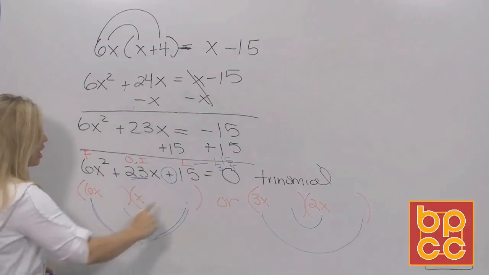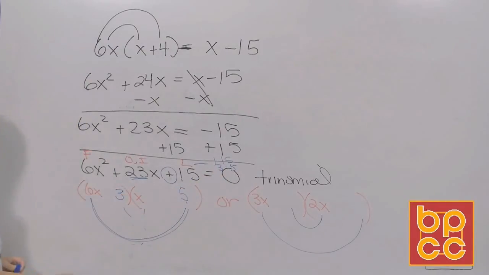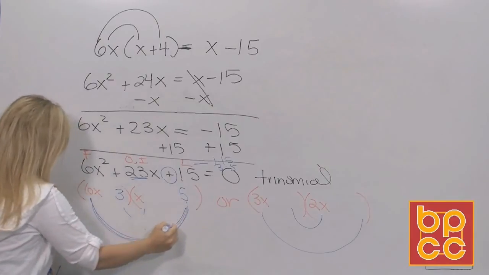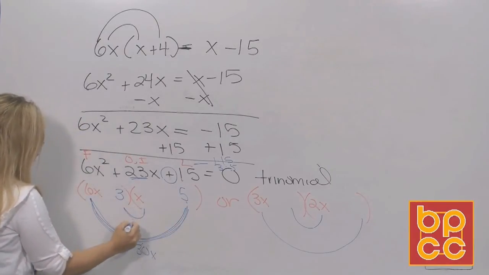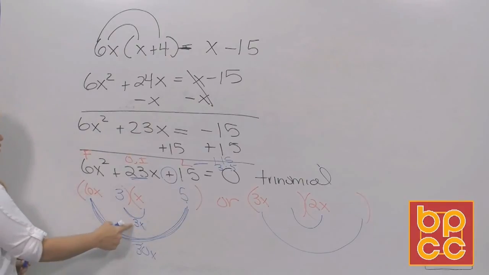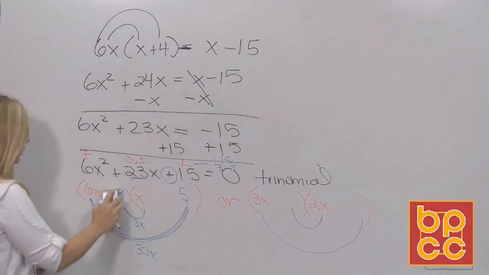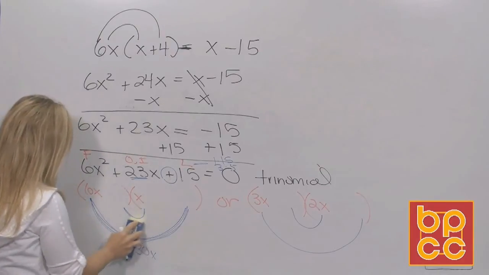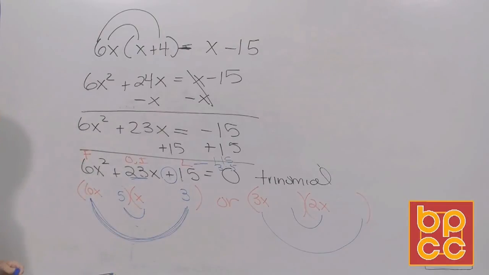So now let's try the 3 and 5. I'll put the 3 here and the 5 here. Let's check the outers. 6x times 5 is 30x. Inners, 3 times x is 3x. Does 3x and 30x add to 23? No, it does not. So let's switch them. We got one more opportunity here. Let's put the 5 and the 3.